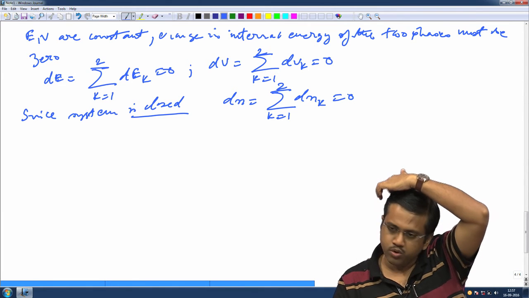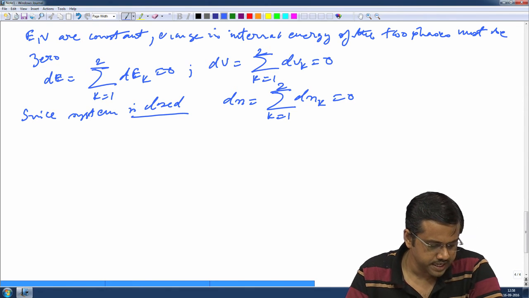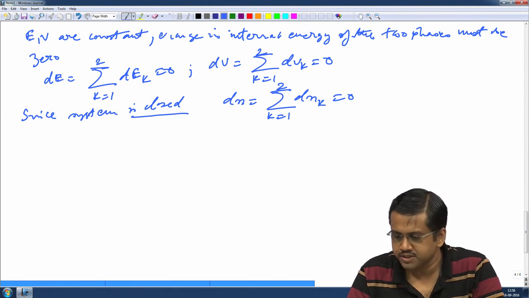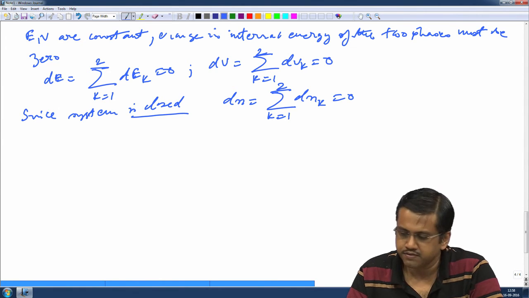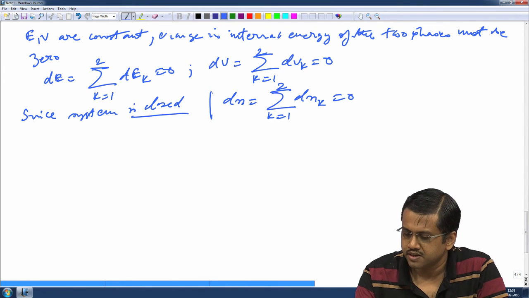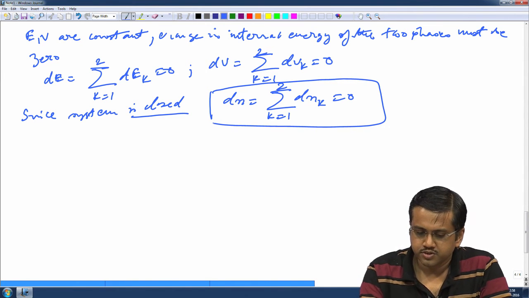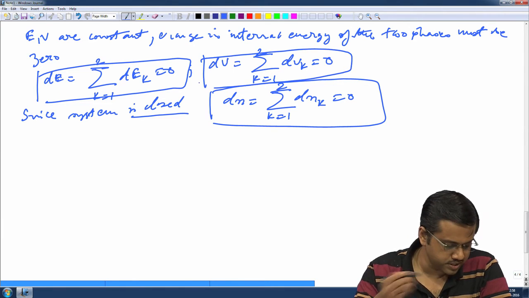That is the number of moles of each of the phases, that is also equal to 0, right. So, no change in the total moles resulting from the two phase changes, right, essentially that is what it means. Okay. So, these are the three statements that you get, and the last one I wrote in the previous page.